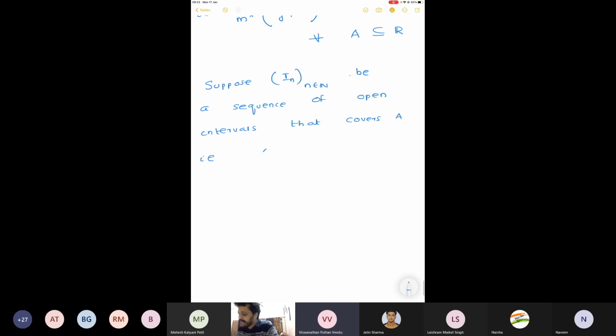That is, A is contained in the union of I_n. To be more precise, open intervals whose union covers A. That's the meaning.